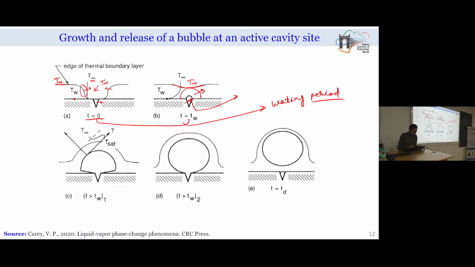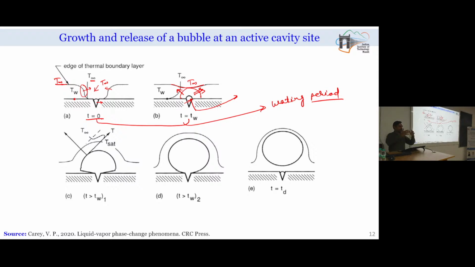When this faster growth of the vapor takes place, it will be displacing the liquid ahead of it. During this period, the growth of the bubble will be controlled by the inertia of the liquid. Is this point clear?